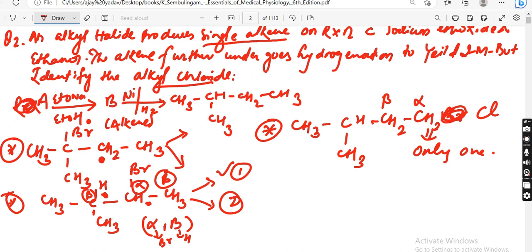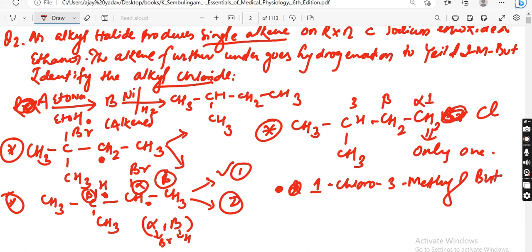What will be the name of this one? Let's say this is 1, and this is the 3 position, so it is 1-chloro-3-methylbutane. So this would be the answer, right? Are you getting it? That's it.